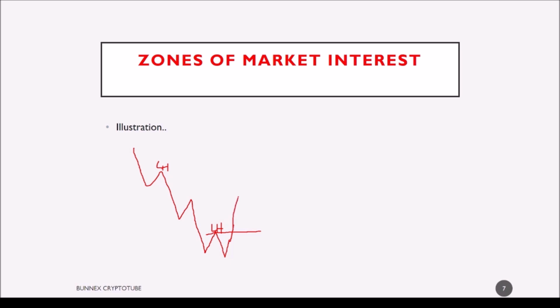So after the market breaks this, we can safely say we may be in a new market trend. However, we need more proof for us to deem that correct. What is the proof? So the first thing that we need to see is creation of a higher high, right?